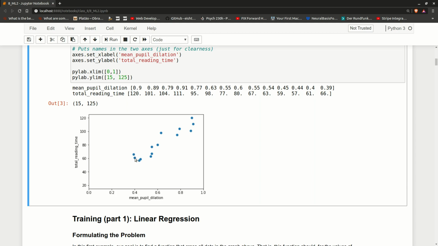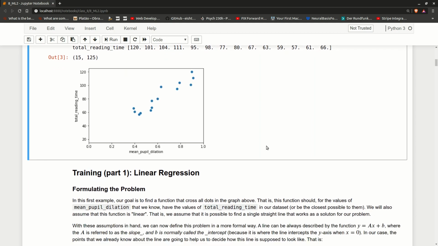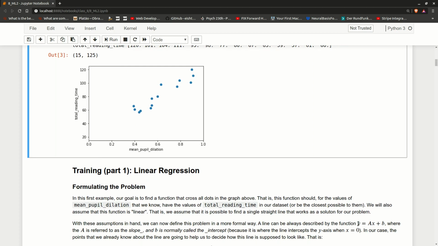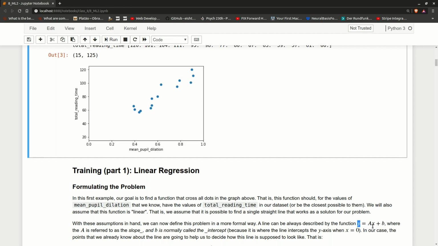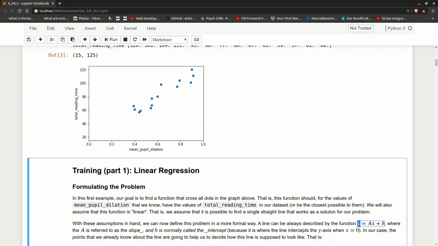And I wanted to note that any line can be described by an equation like this one, y equals ax plus b. So when x equals 0.4, this y here should be 60, I guess. And this way, when x equals a value, y equals another value. The a and the b here describe how the line is supposed to be.